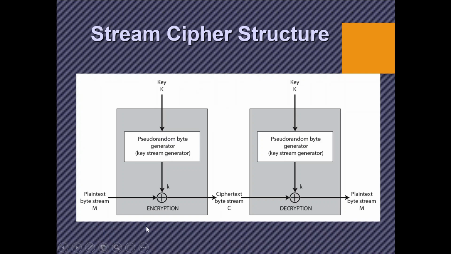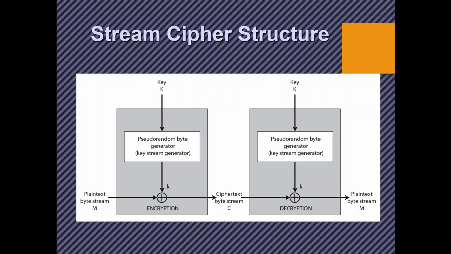This figure illustrates the stream cipher structure. On the left-hand side there is a key that is input to the pseudo-random number bit generator, and the plain text byte stream is XORed with the key stream.